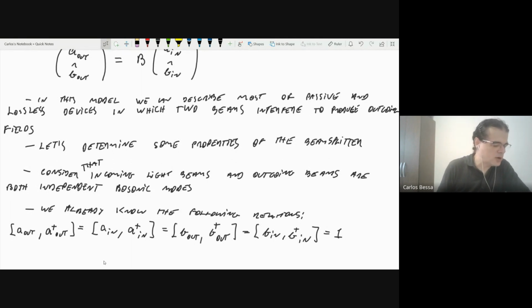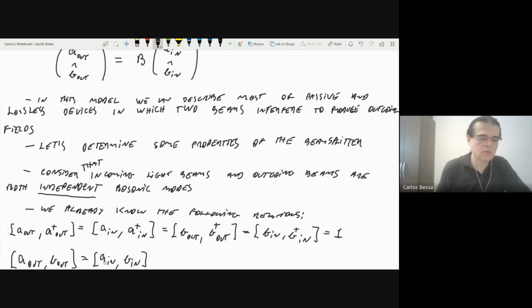And the same when I have the annihilation operator with the annihilation operator of the other mode: because they are different modes, they are independent, right? So A out, A in, B in, this is 0.